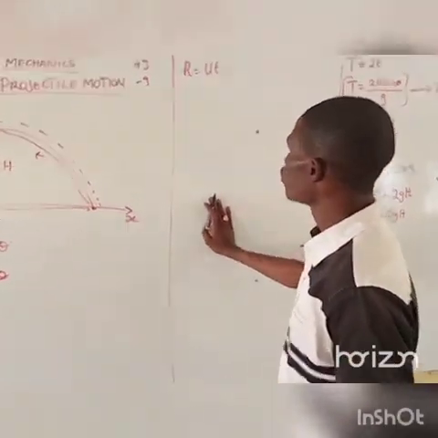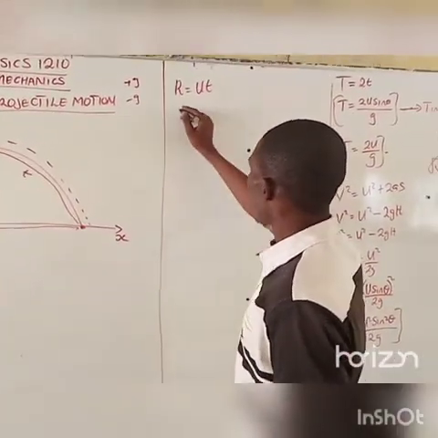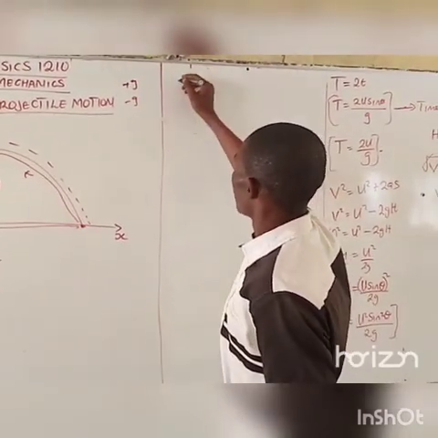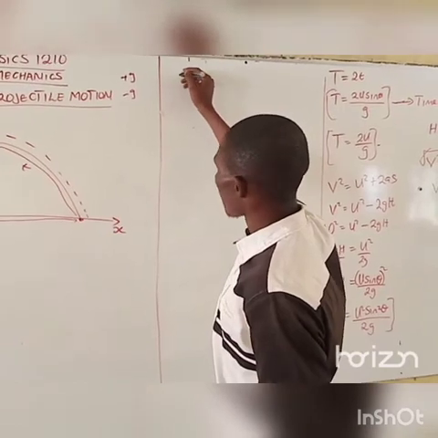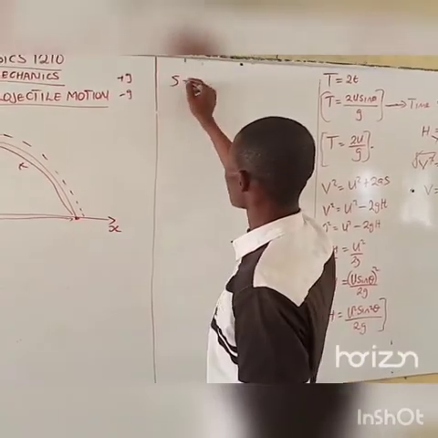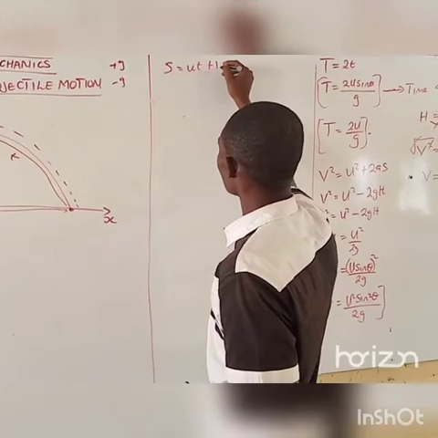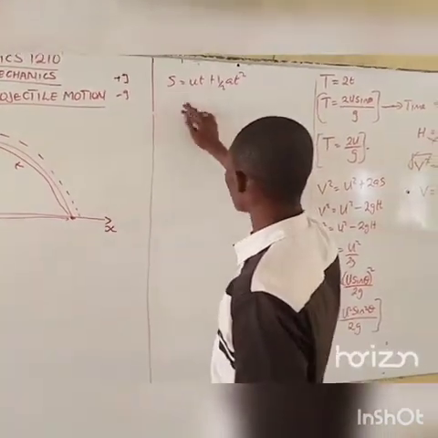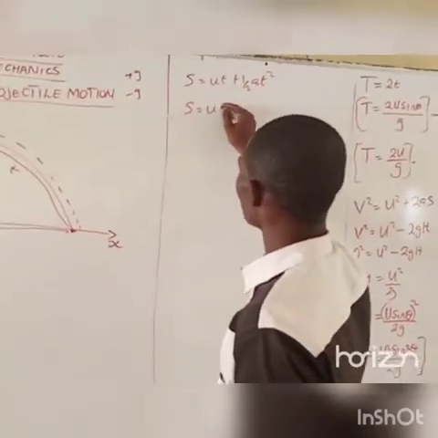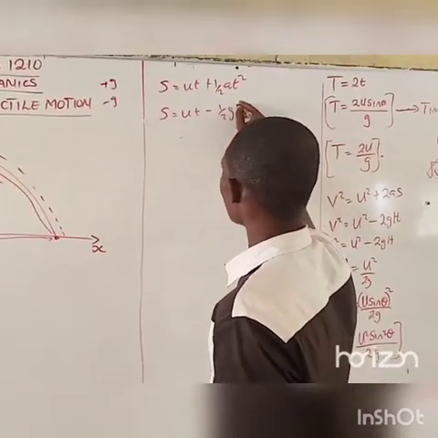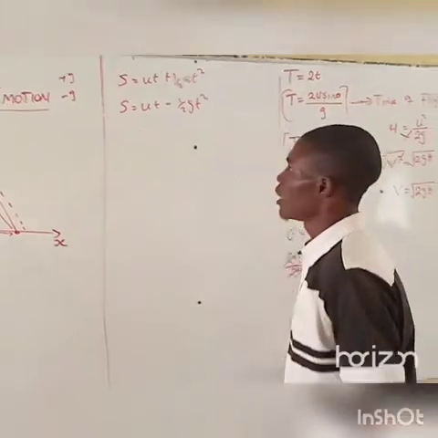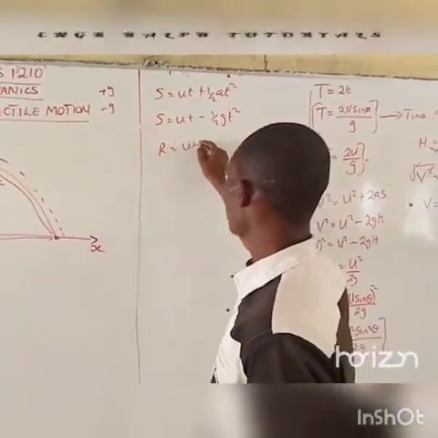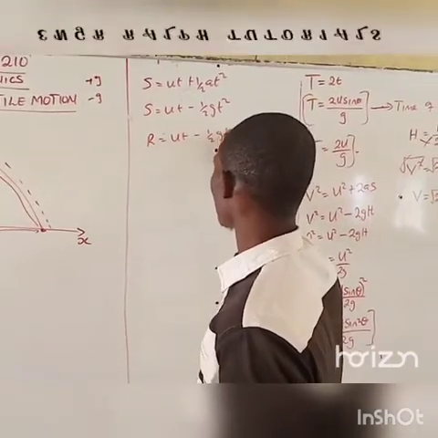R is the same thing as S. S is equal to ut plus 1 over 2at squared. So using gravity, you have S is equal to ut minus 1 over 2gt squared. But now this S is the same as range. It's equal to ut minus 1 over 2gt squared.